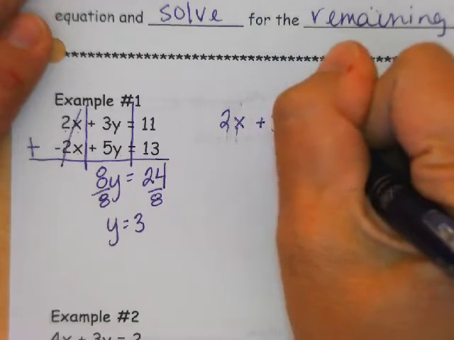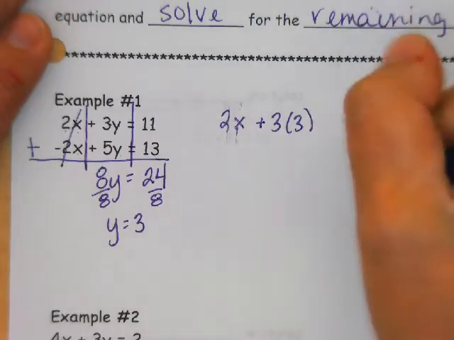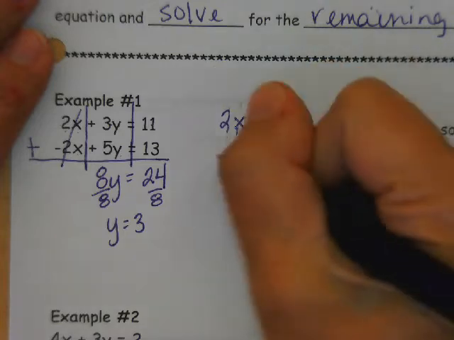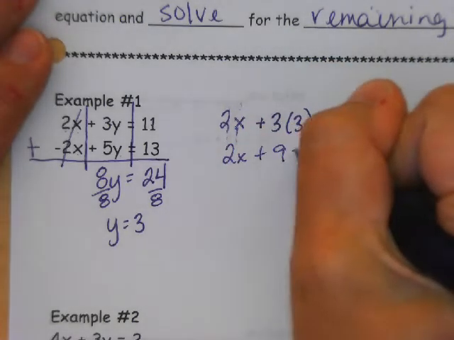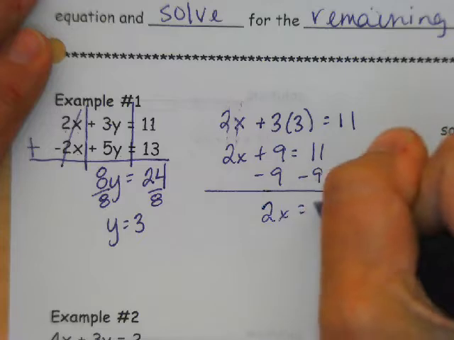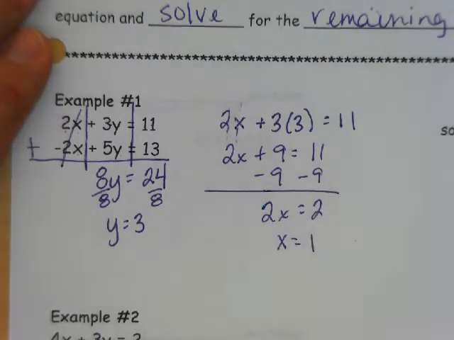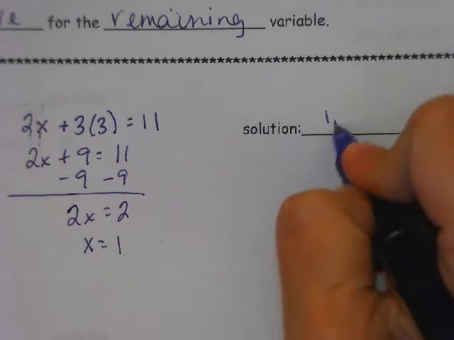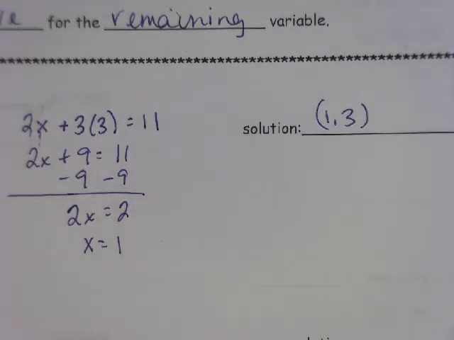Some of you solved and didn't plug it in for the correct variable. So we have 2x plus 9 equals 11. 2x equals 2. x equals 1. So my solution, my coordinate point for this system, is (1, 3).